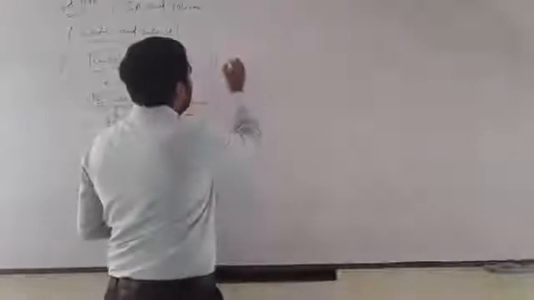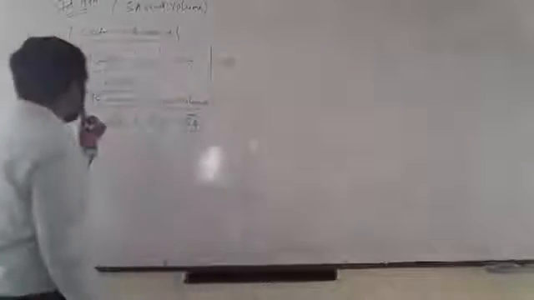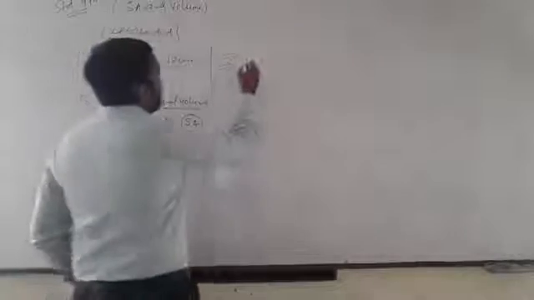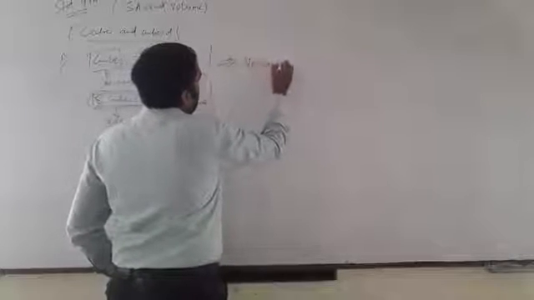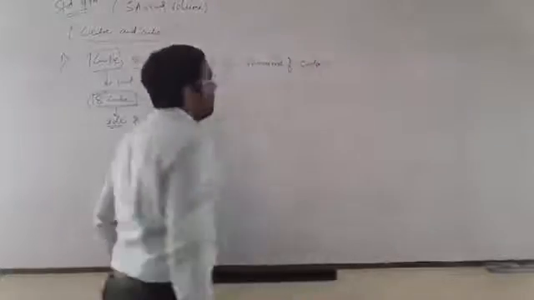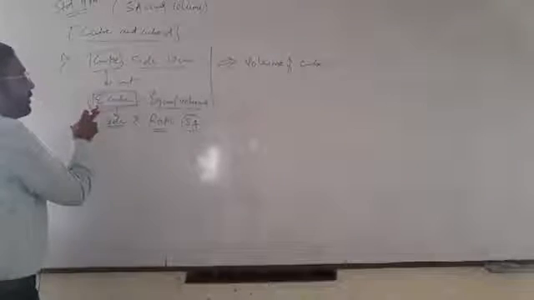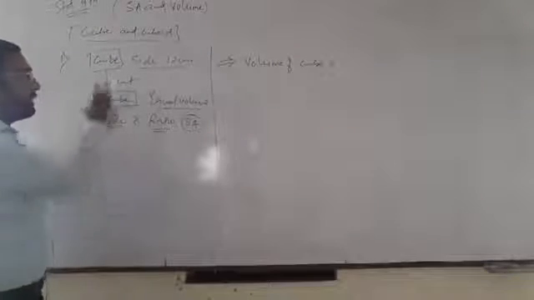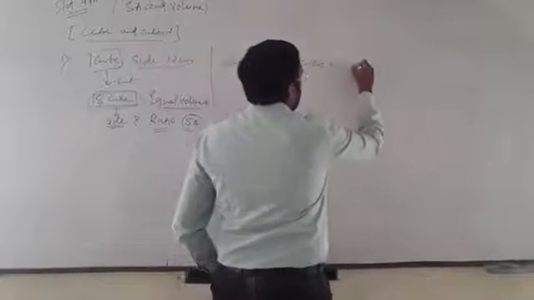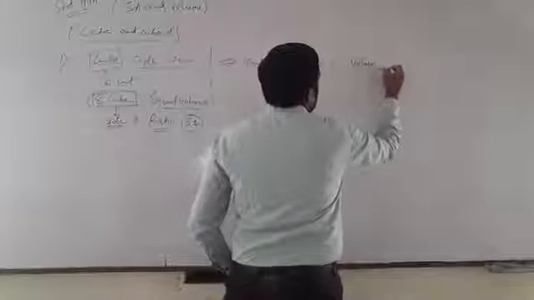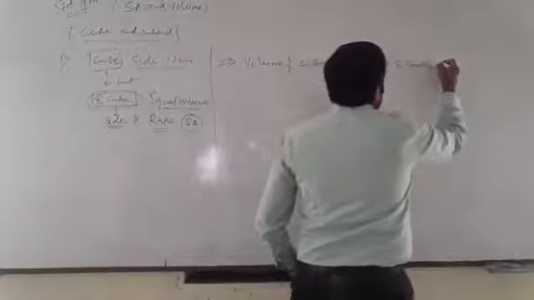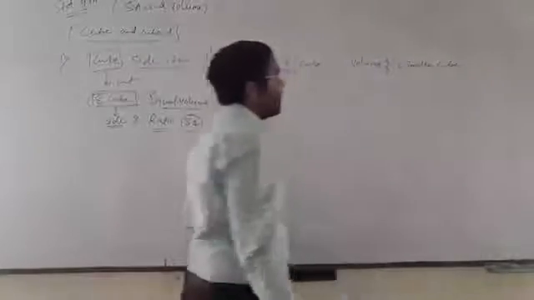Here the bigger cube is given with side 12 centimeter. So the volume of this cube is equal to the volume of the 8 smaller cubes that it is divided into.